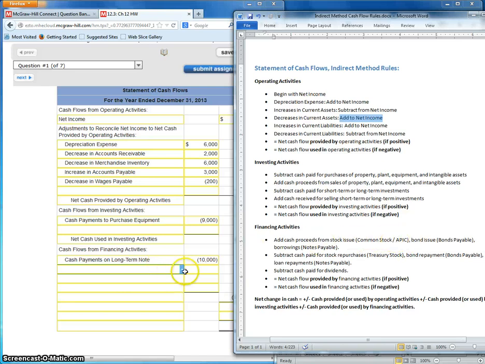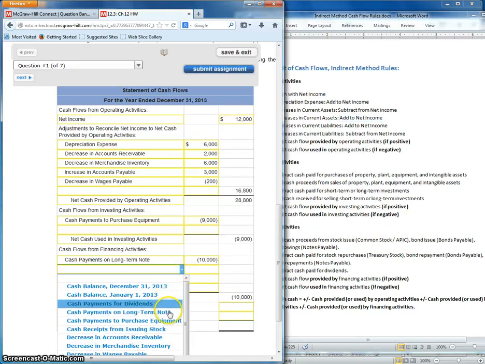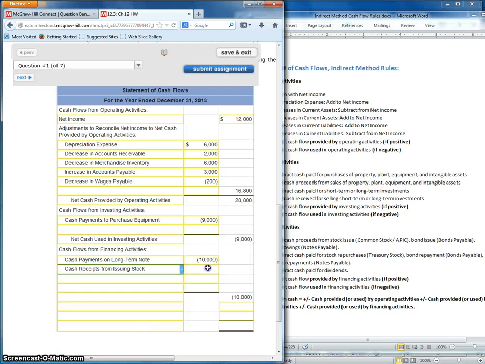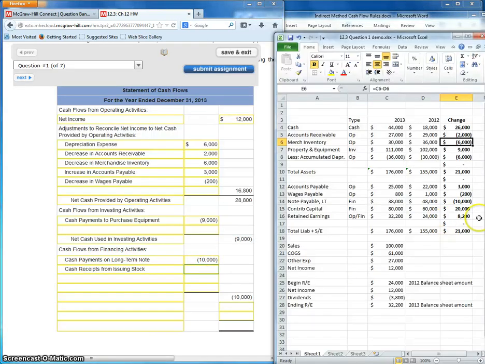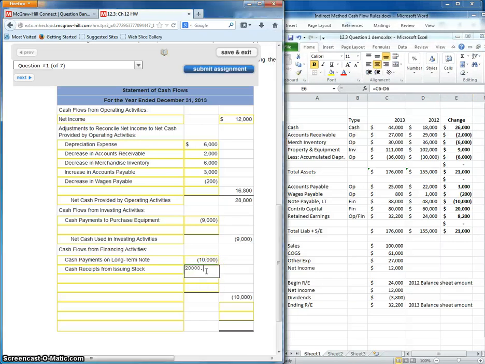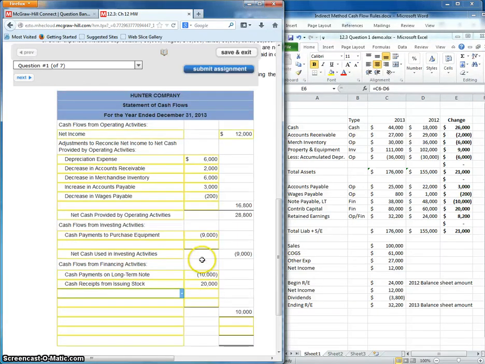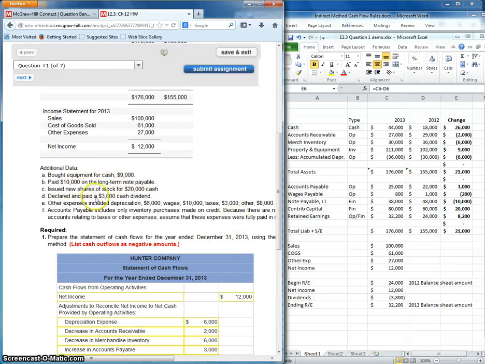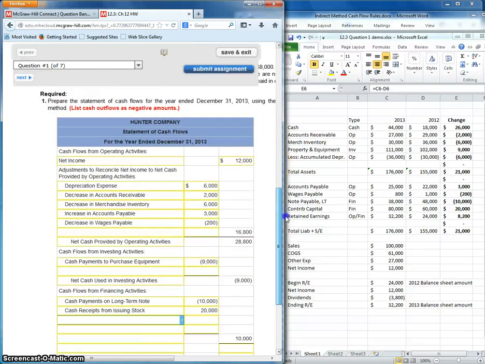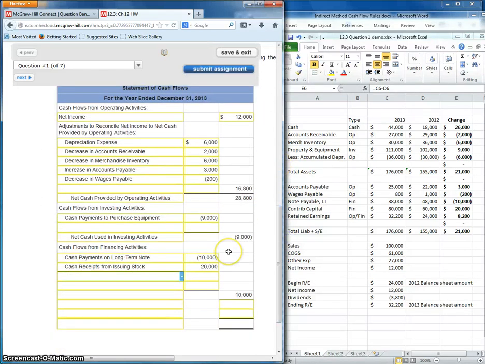So we're going to add that cash proceeds. So let's see. Cash receipts from issuing stock. Sounds good to me. How much was it? $20,000. Oops, not there. Right there. $20,000. And you also can find that in your facts. Here, we issued new shares of stock for $20,000 cash. The bank balance went up when you do that.